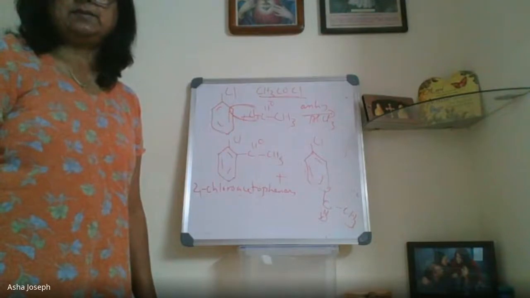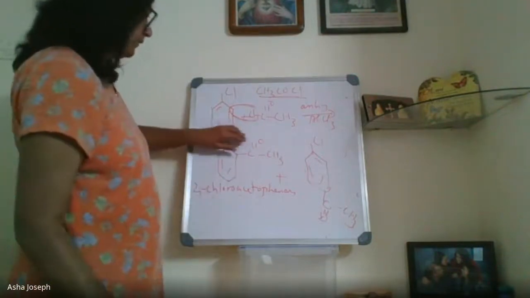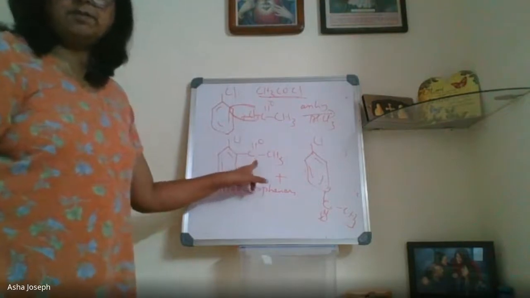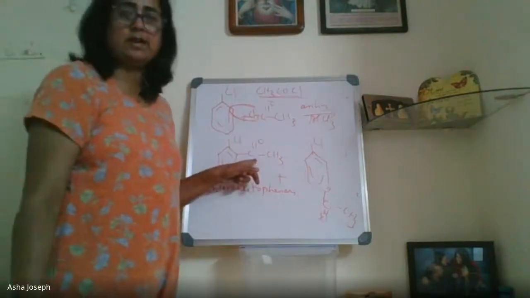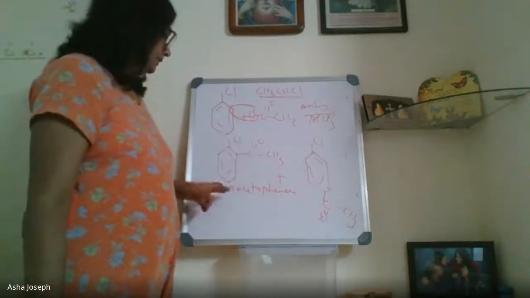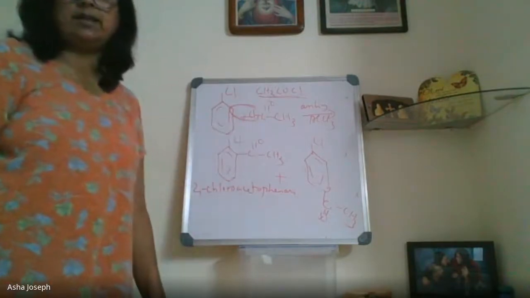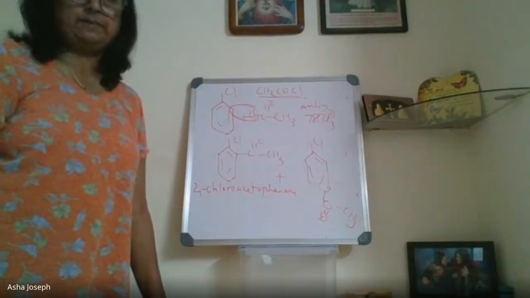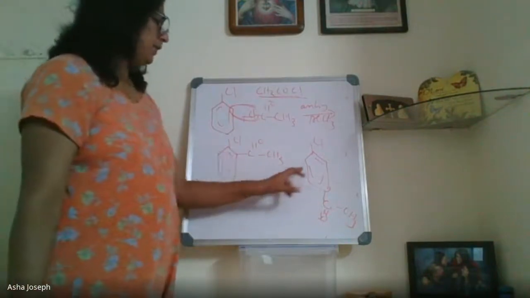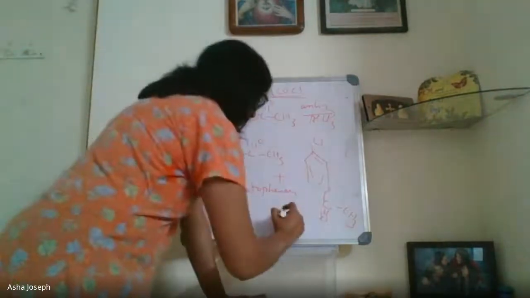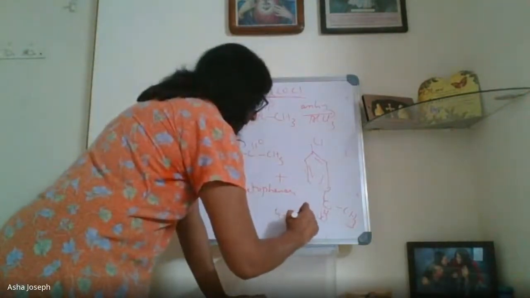Isn't it? So I told you, if chlorine is not there, this is also a ketone. So we are giving preference to the ketonic group for naming. So that is why 2-chloroacetophenone. If it is not there, this is an aromatic ketone called acetophenone. So 2-chloroacetophenone, 4-chloroacetophenone. This is 4-chloroacetophenone.